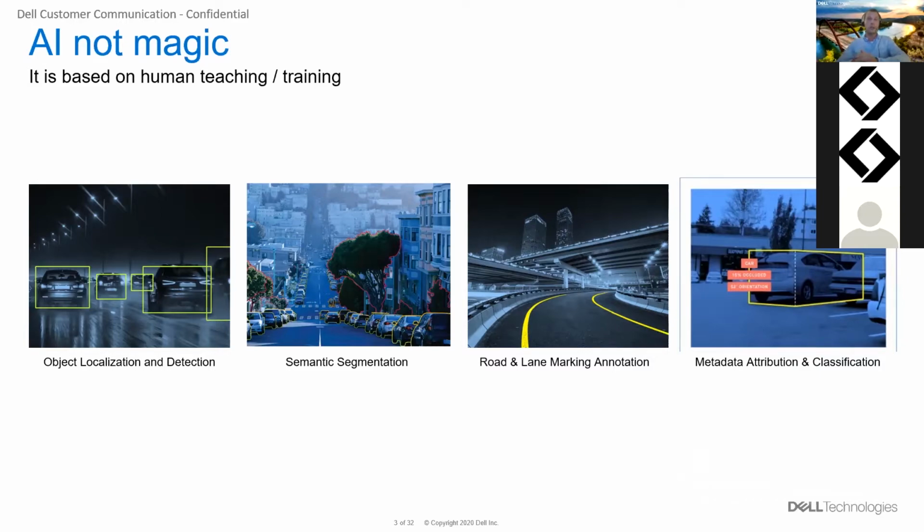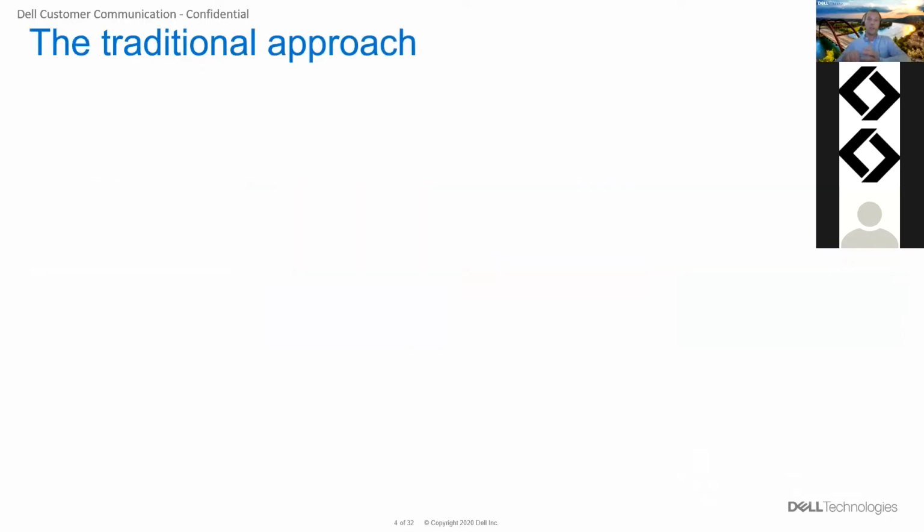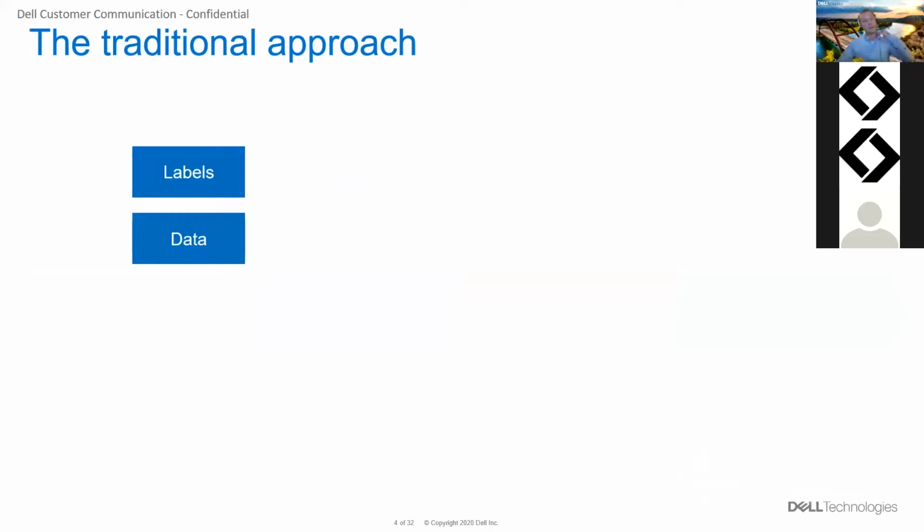Additional use cases in the visual recognition domain in ADAS are focused on road lane marking and in general on the extraction of metadata out of the image. So this is a car, it's 15% occluded and the direction is around 52 degrees orientation.